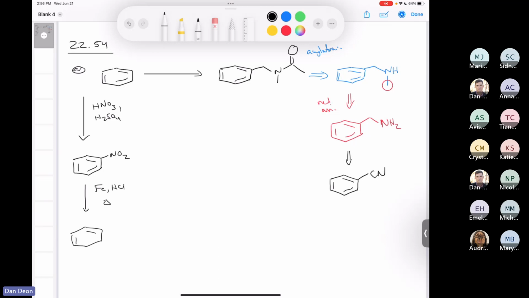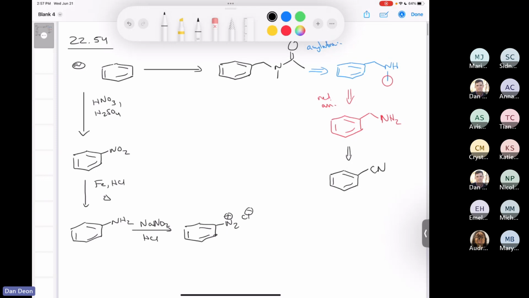Then we diazotize. We're going to make the diazonium salt using sodium nitrite and HCl, and that gives us the diazonium, which looks like this. And then we can do our Sandmeyer reaction. We're going to treat it with copper(I) cyanide, and that will make benzonitrile.